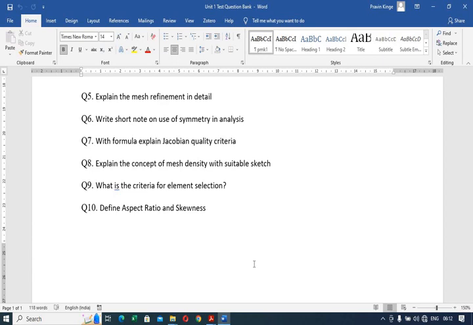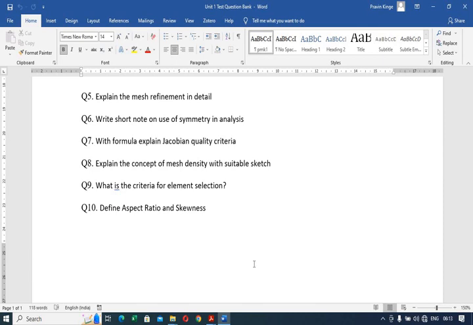So next is, what is the criteria for element selection. Basically there are three criteria for the element selection. First is the geometry, second is the type of analysis, and third is the time required for the analysis. You can elaborate these three points with your suitable content.